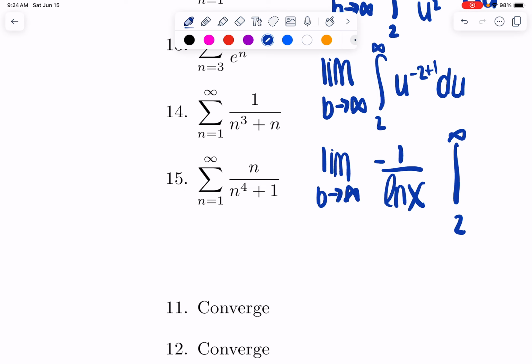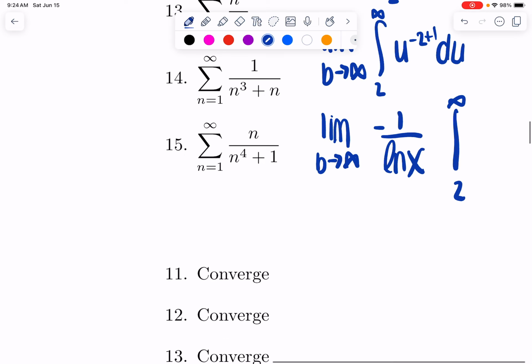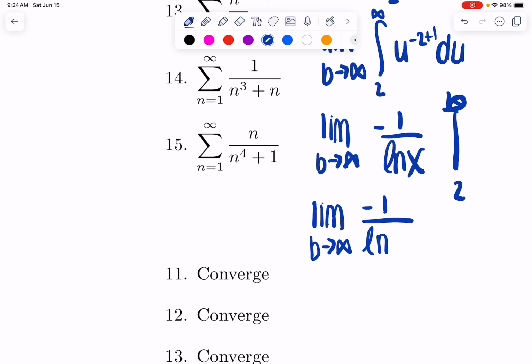So then from there, just plug in, or sorry, this should be b. Plug in your bounds and then take the limits. So it would be -1 over the natural log of b, and then minus a -1, so it'd really be plus 1 over the natural log of 2.